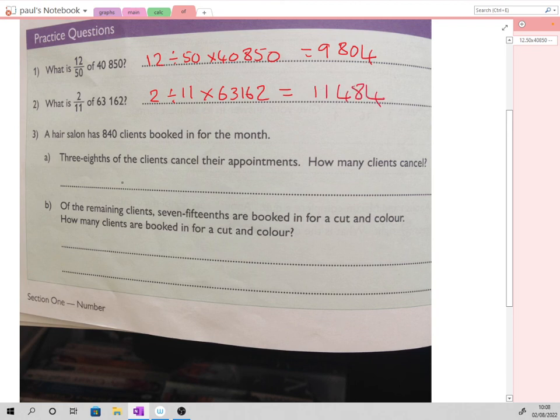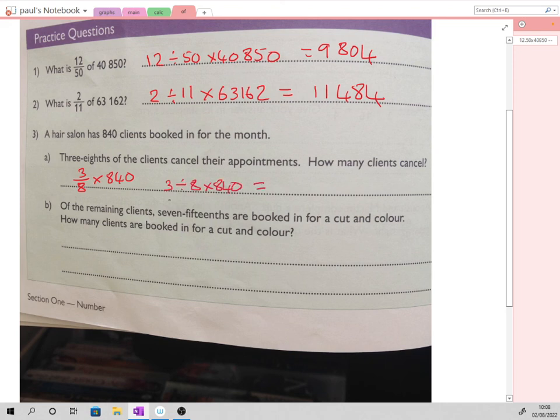Right. A hair salon has 840 clients booked in for a month. 3/8 of the clients cancel their appointment. How many clients cancel? So we need to find 3/8 of 840. So 3/8 times 840, which is 3 divided by 8 times 840.